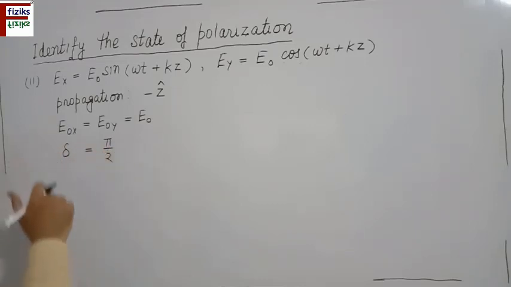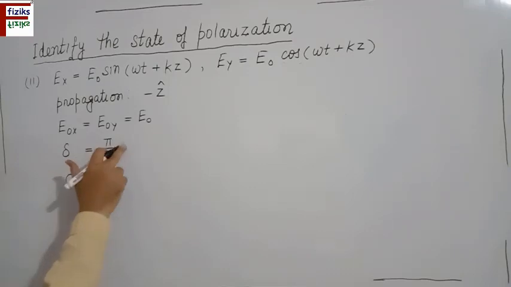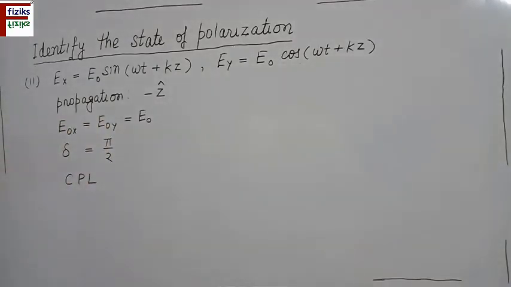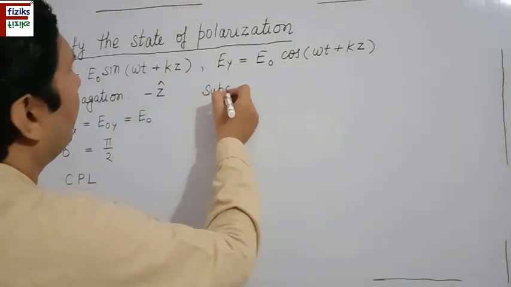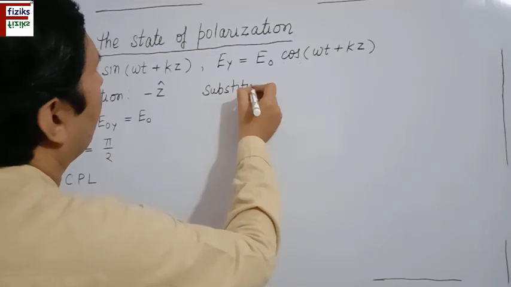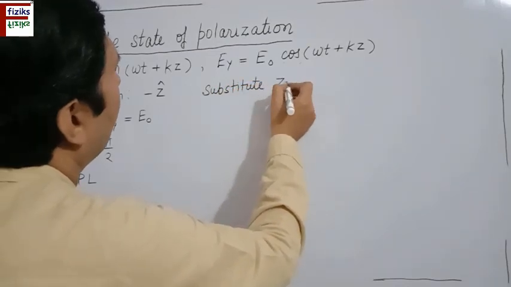Phase difference is pi by 2 and amplitudes are equal, so automatically this will be circularly polarized light. Now I have to find out whether this is left or right circularly polarized light. For this I will substitute z equal to 0 here.